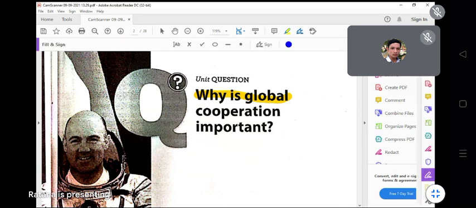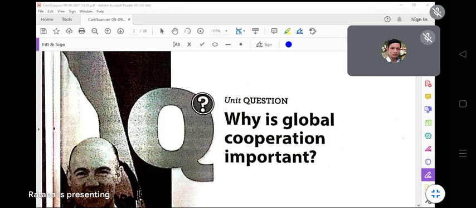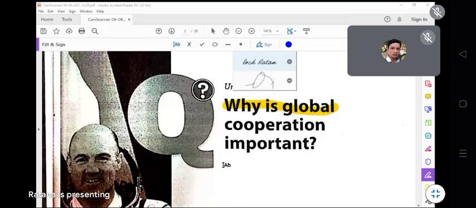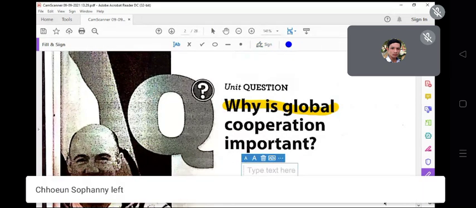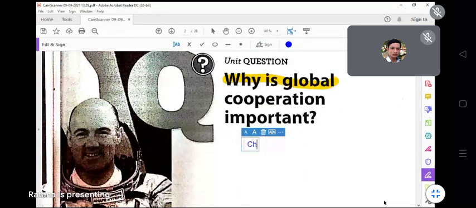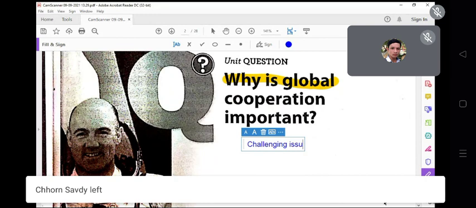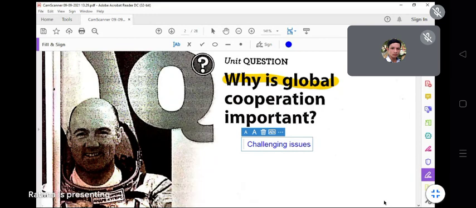Global cooperation can help our country with safety, or solving problems with other countries, such as when one country has a conflict with another. And one more is based on the economy.